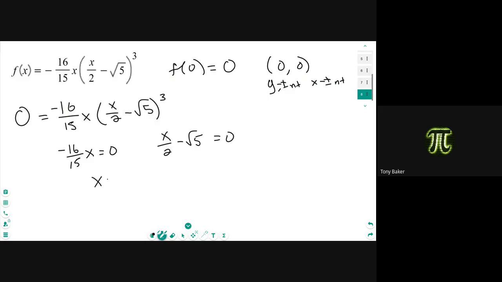This one is just x equals 0, which is the one I already have. And this one, x equals 2 square root of 5. You wouldn't have got that by plugging it in. All right, so we can graph those 2 points.